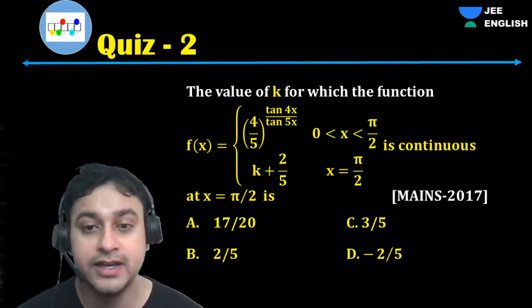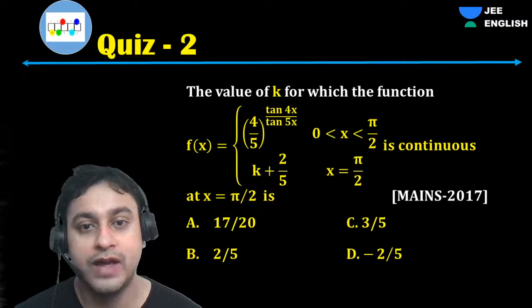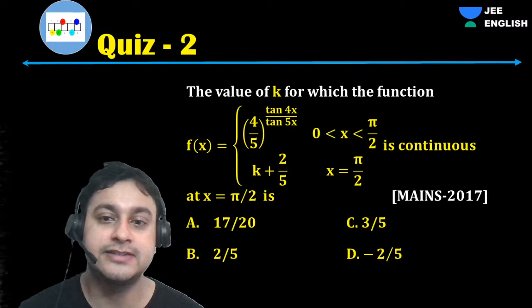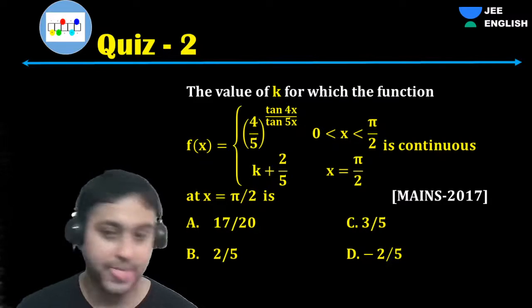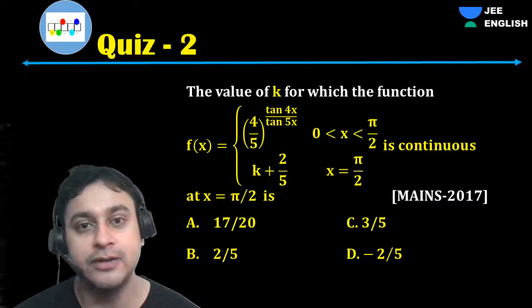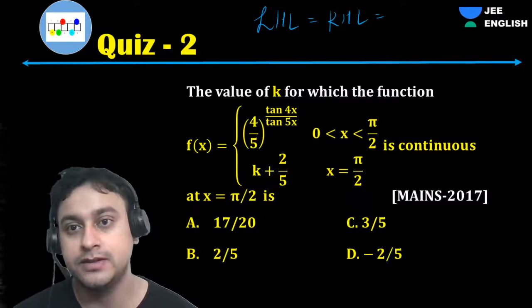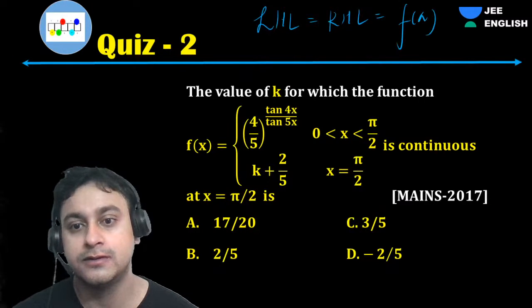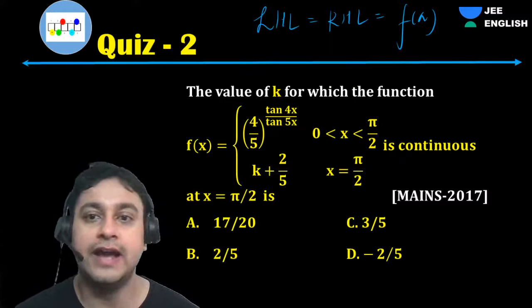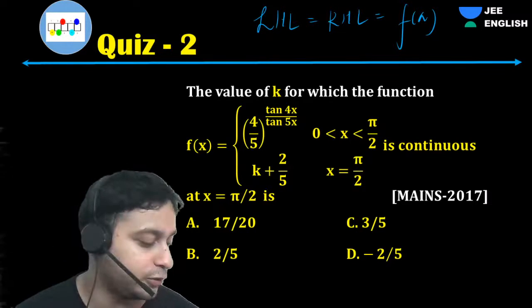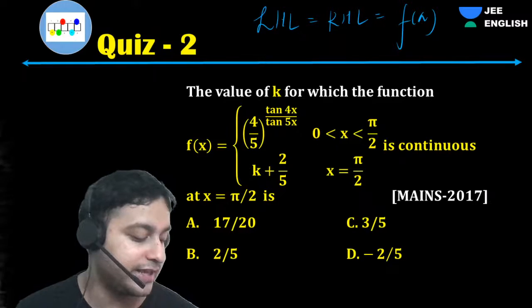So guys, here we have to find the value of k for which this is continuous. If a function is continuous, I have told you again and again, your LHL will be equal to RHL will be equal to f of a. Here we have to check at x equals pi by 2, because there is a chance of breaking at that particular point.